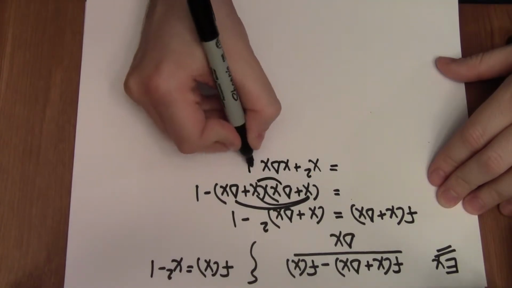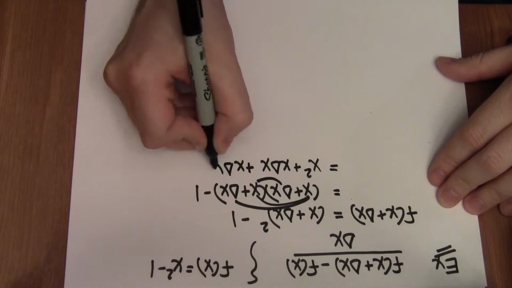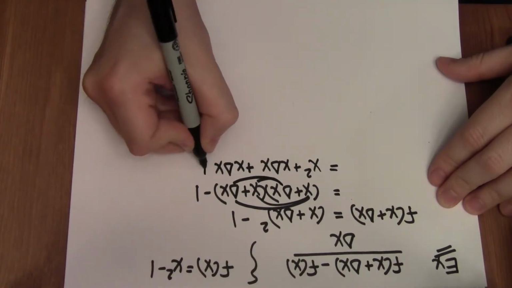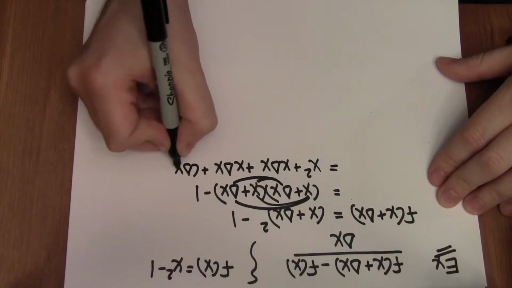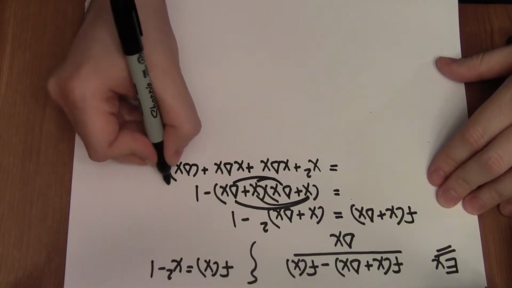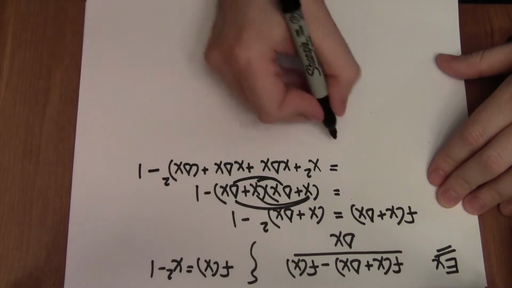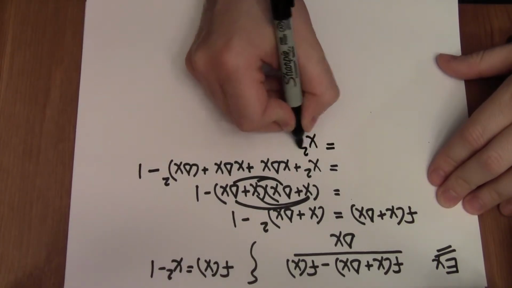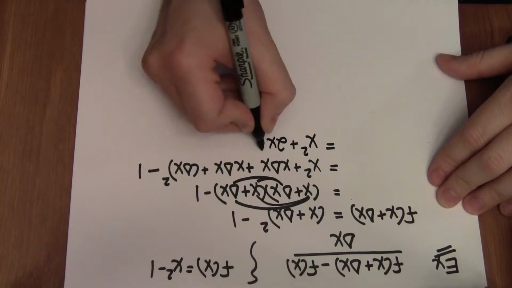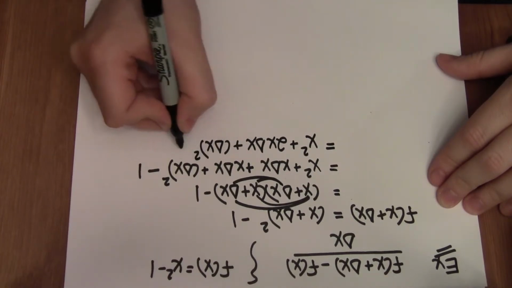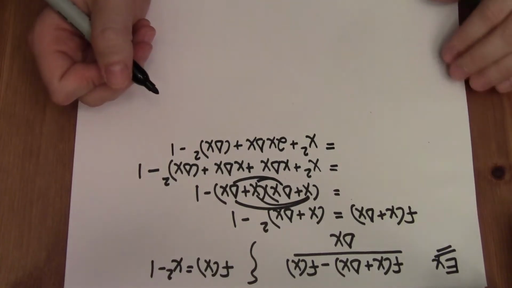Delta x times x will give us another x delta x. And finally, delta x times delta x, I'm going to need some parentheses here, and I'm going to say delta x, that variable, squared, minus 1 at the end. Combine like terms, and we get x squared plus 2x delta x plus delta x in parentheses squared minus 1.